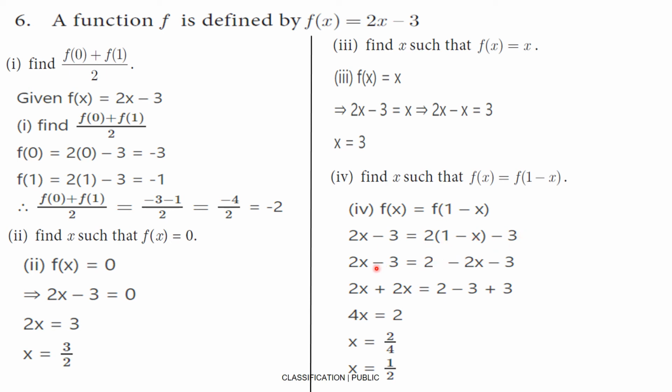How? 2x minus 3 equals 2 into 2 minus 2x, 2 minus 2x minus 3. That is 2x and minus 2x, it will come here plus. So 4x. Here 2 minus 3 is minus 1. Minus 1 plus 3 is 2. So 4x equals 2, x equals 2 by 4. Cancel it, you get x equals 1 by 2. Understood?